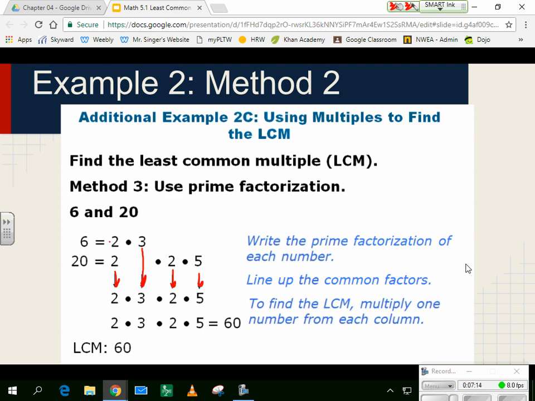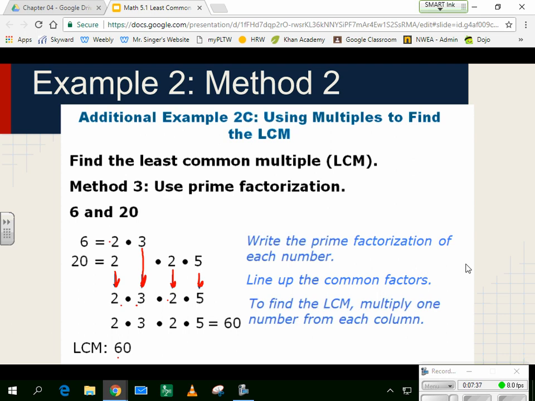So the only thing they shared was the 2's, and we can share those in the least common multiple, because we want to find the least number of prime factors possible. So we try to pair up where we can. So 2 times 3 is 6, 6 times 2 is 12, and 12 times 5 is 60. So the least common multiple for 6 and 20 is 60.